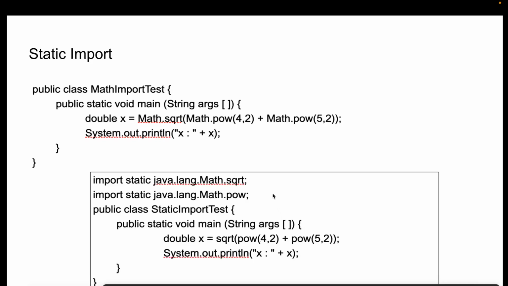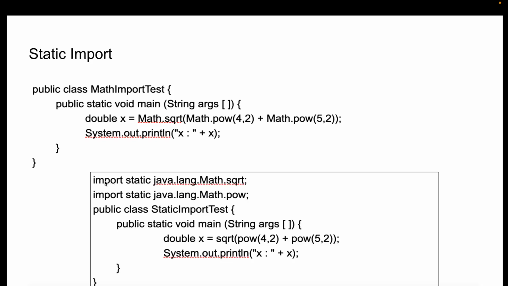See, there are two ways. Here I had shown you this way, right? Math.pow. When we were using that statement, we had used it in this manner, right? Math.pow. You can also use something like this.